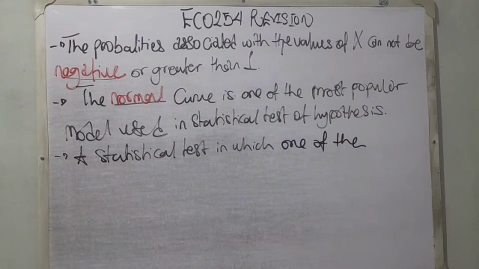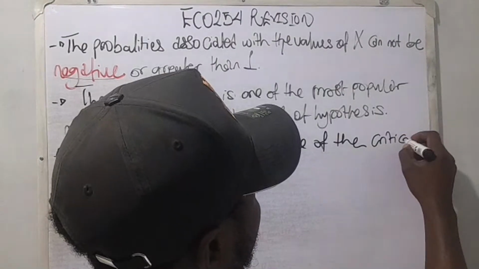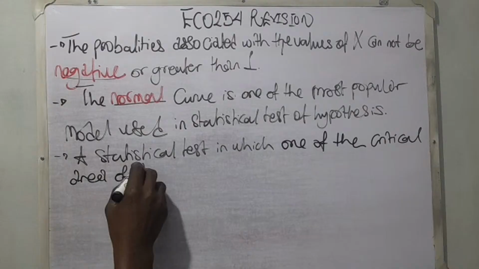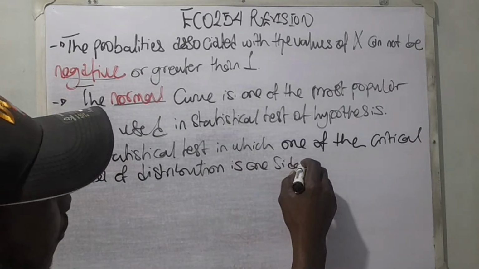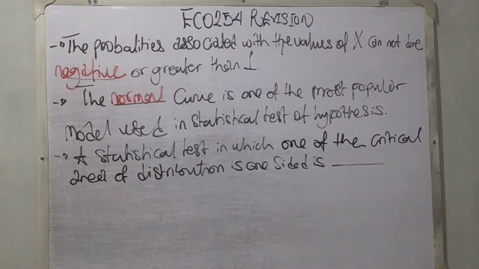The complete sentence is a statistical test in which the critical area of distribution is one-sided, so that it is either greater than or less than a certain value, but not both, is known as dash, but we have abbreviated it because of space.